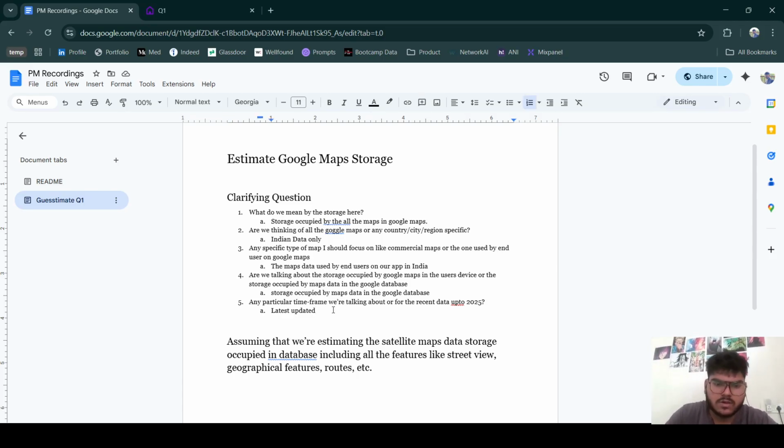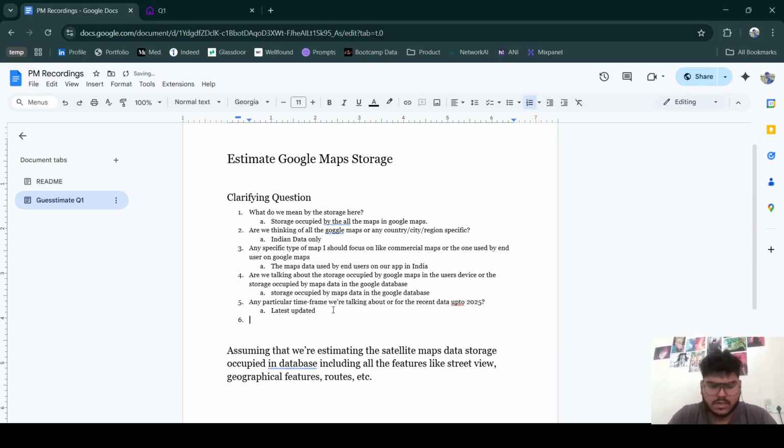One more thing we need to clarify here is whether we are calculating the satellite view of the structure of routes, or we are also going to estimate the data stored by each of the stores. Let's say if there is a grocery store on Google Maps, it also has data such as reviews, its description, menu, and other things like that.